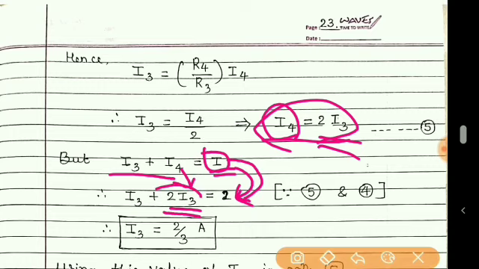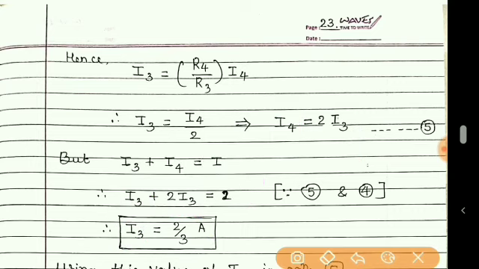Now 2I3 plus I3 is 3I3, and then making I3 the subject, you will get the current I3 as 2 by 3 ampere. So students, this calculation is quite simple, you can do it. Now using this value of I3, you will get the value of I4 also.